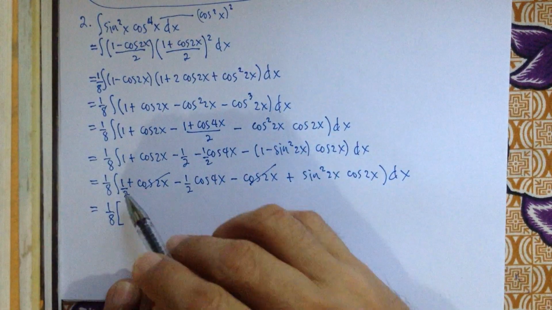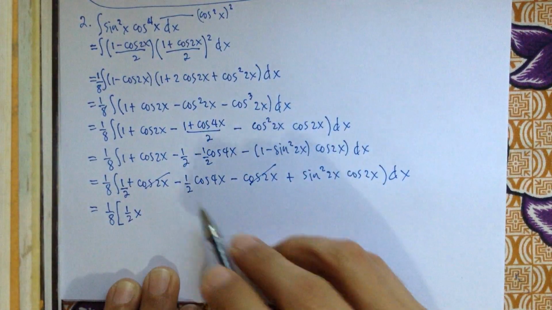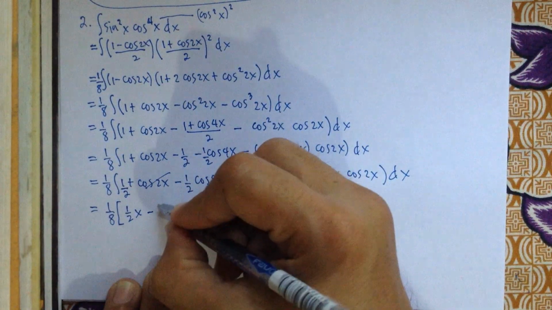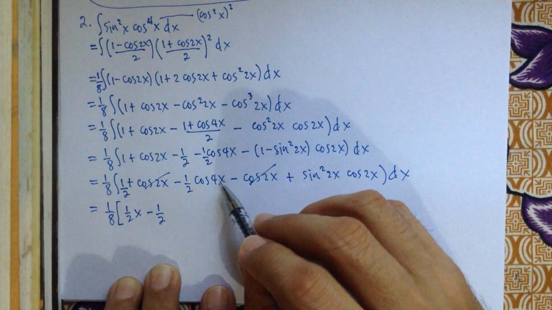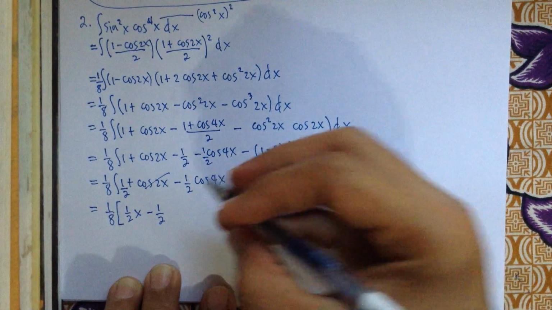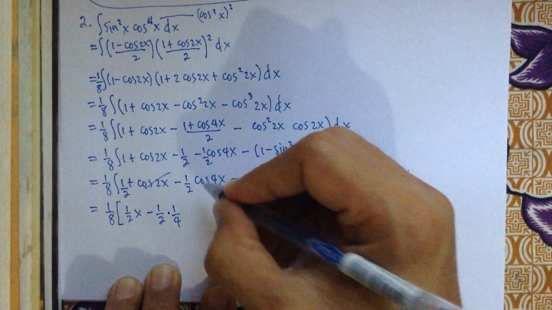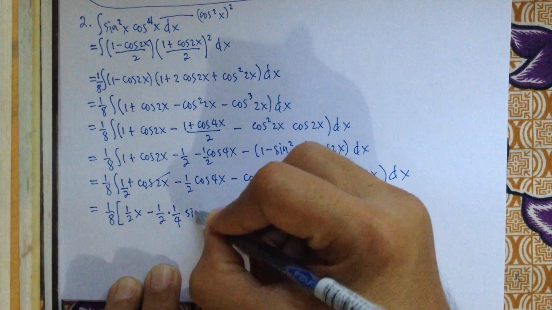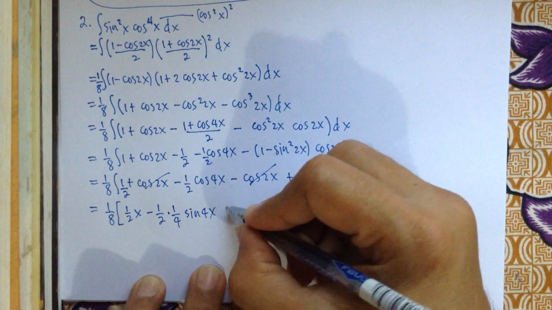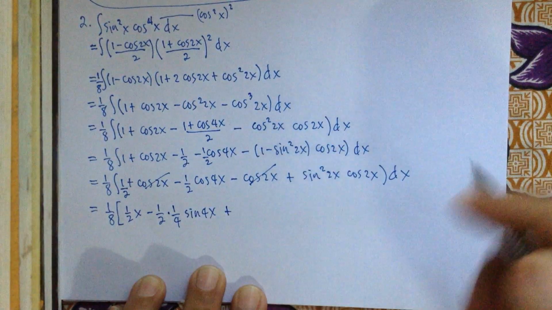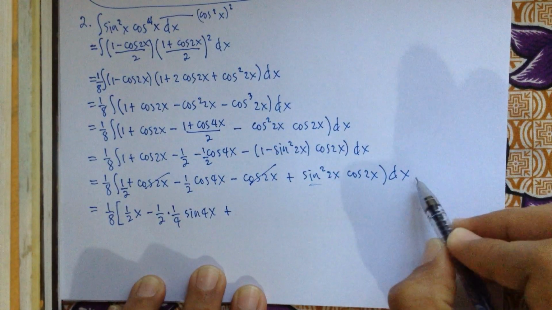Okay. Integral of 1/2 is 1/2 x, and this one is minus 1/2, but your u is 4x, so the du is 4dx. That's why we should have 1/4 here, and the integral of cosine is sine 4x, okay, plus this, your u here is sine, so your du is cosine 2x dx.